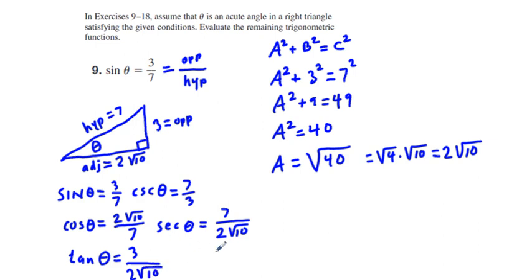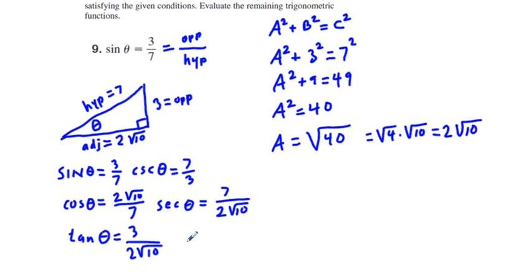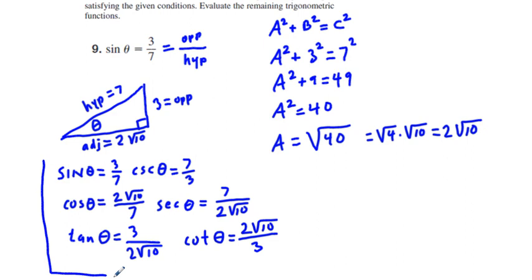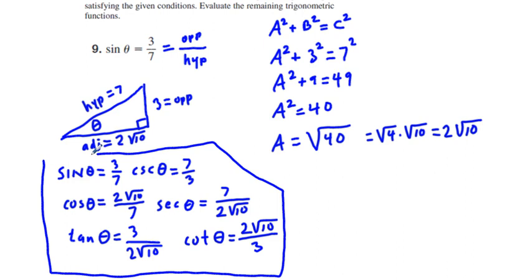And then our cotangent theta is a reciprocal of tangent theta, so we're going to have 2 square root of 10 over 3. And so there we have our ratios. In addition to the sine, which we already had, we figured out these other 5 trigonometric ratios.